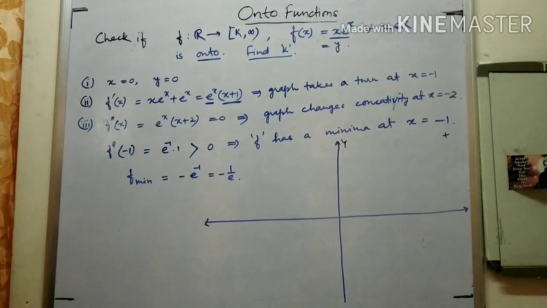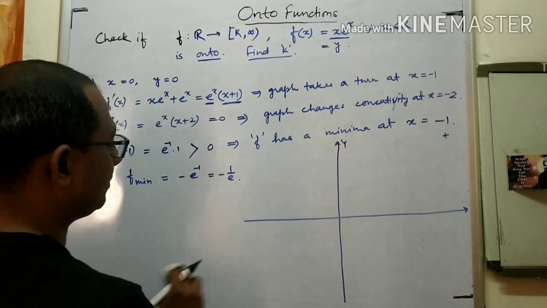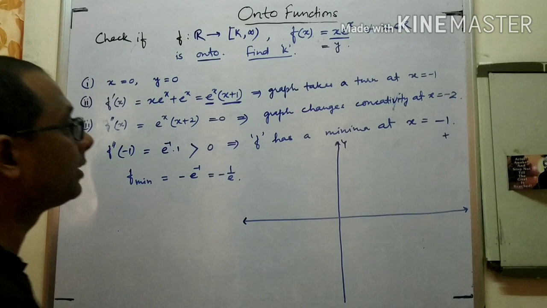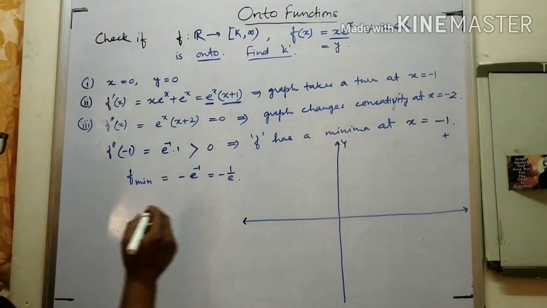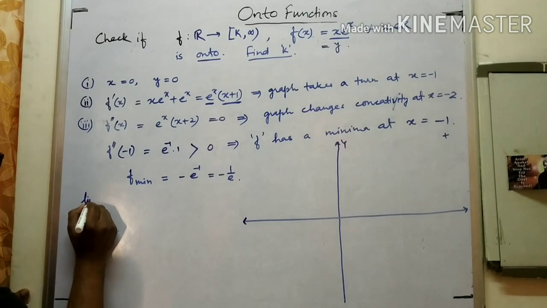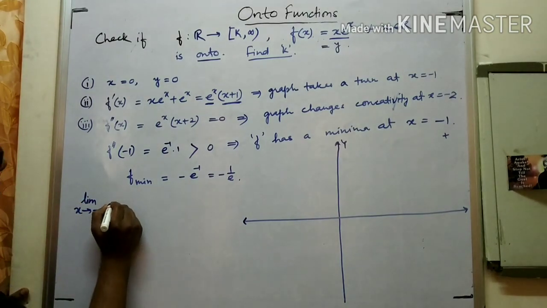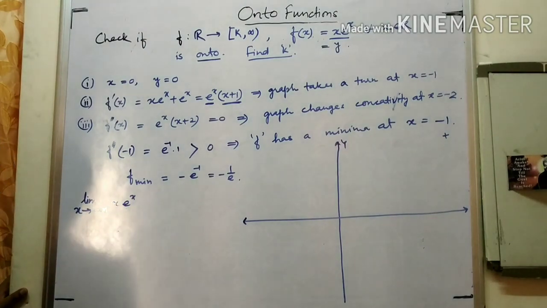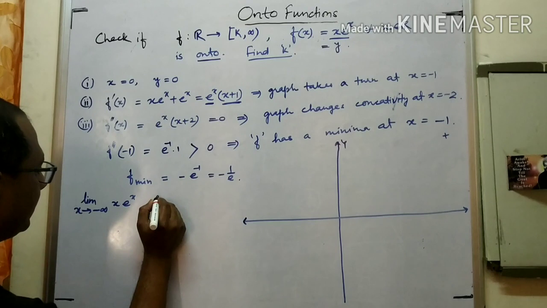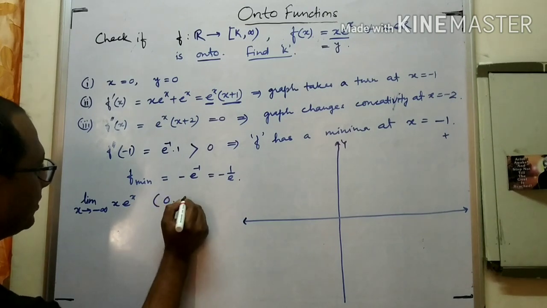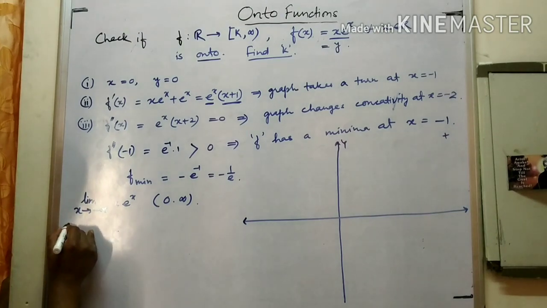Now for negative infinity, we have to evaluate the limit to check how this function is behaving in and around negative infinity. So let us go for it. Limit x tends to minus infinity of f(x), that is x e to the power x. So minus infinity into e to the power minus infinity, this one is which form? 0 into infinity form, indeterminate form.